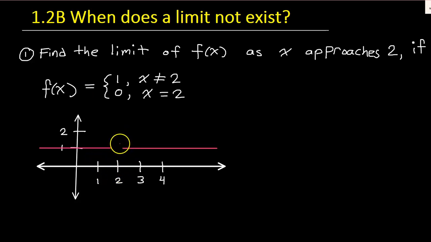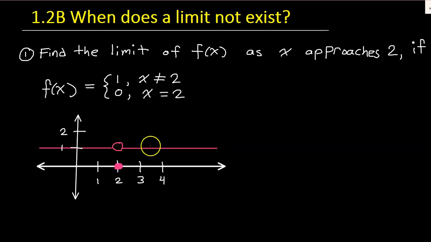So it's important that we leave this hole right here to show that the value of the function is not going to continue to be 1 right at an x value of 2. At the x value of 2, the value of the function is 0. So right here at 2, the value of the function is going to be down here.